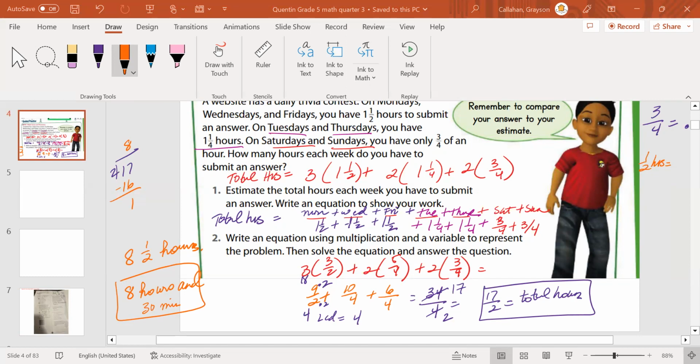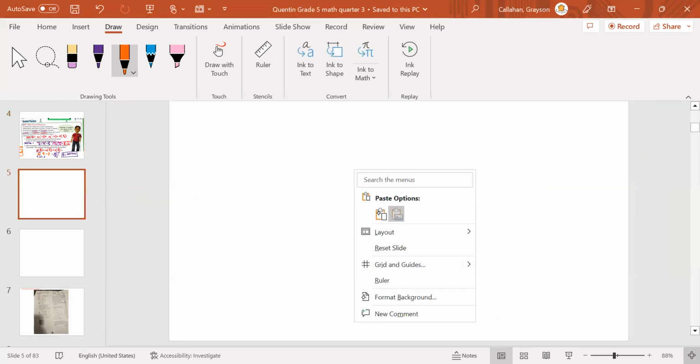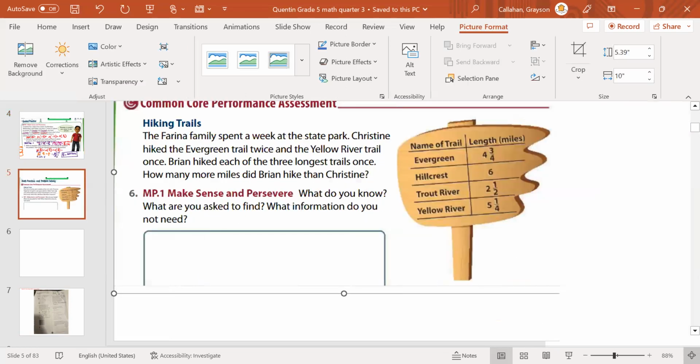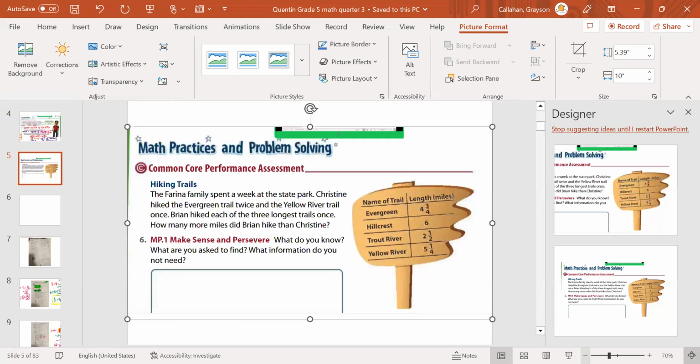Okay, so we're going to have you do this one right here. Go ahead and take a look at this one. All right, Quentin, go ahead and read. Read, please.